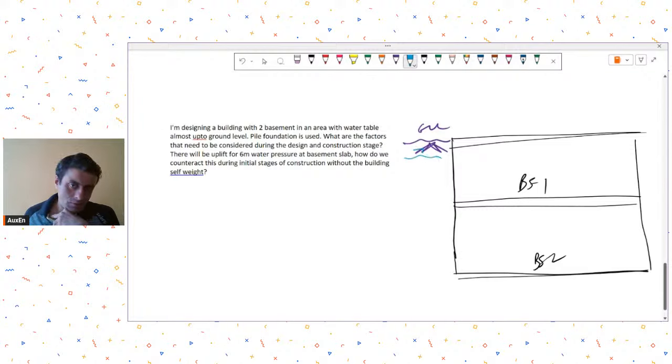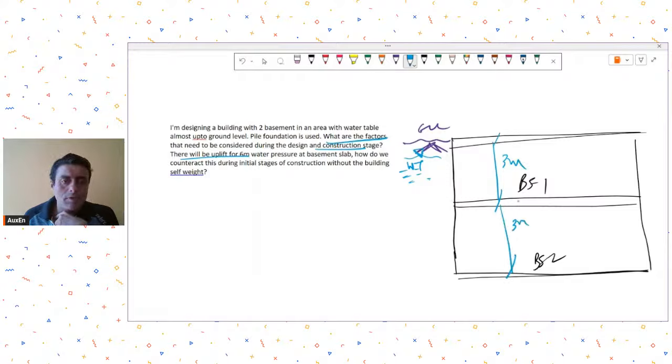So water table is right till here. What are the factors that need to be considered during the design and construction stage? There will be an uplift of 6 meters because let's say he is assuming around 3 meters for each basement. So almost 6-meter uplift will be there.